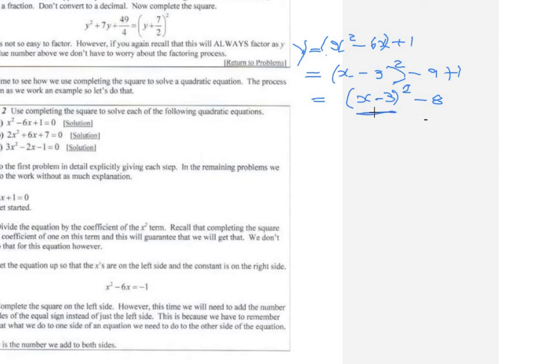We know that this gives me x squared minus 6x plus 9, and that 9 minus the 9 gives me the 1 back. So this and that are exactly the same equation, but this is in the form of a square, where that one is not. And this is why we call it the method of completing the square.